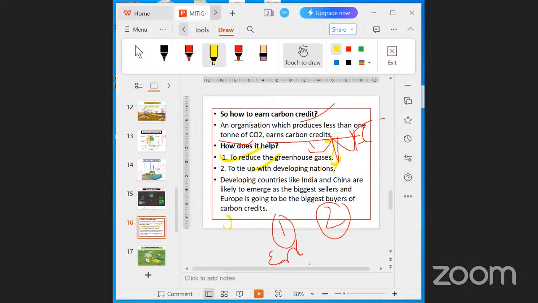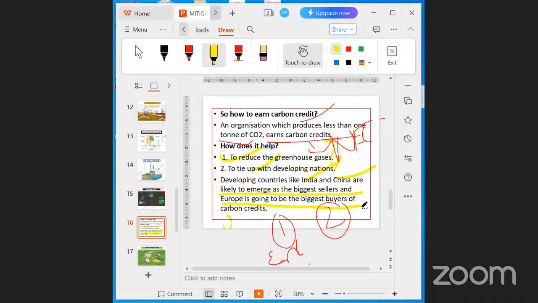Therefore, the developing nation can give the credits to the developed countries to emit carbon dioxide. So there will be a balance in our nature. Developing countries like India and China are likely to emerge as the biggest sellers, and Europe is going to be the biggest buyer.